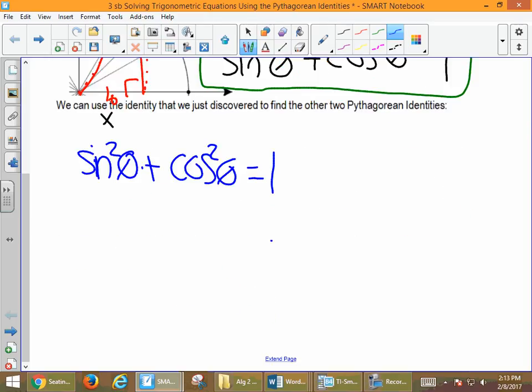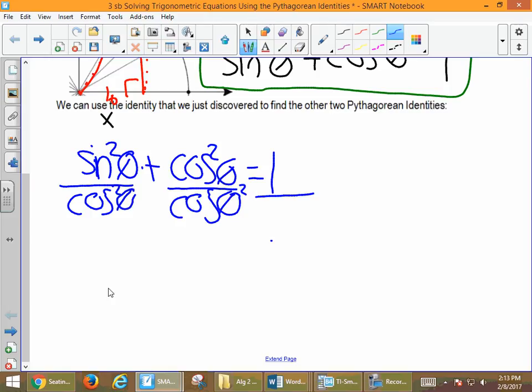And we can rewrite this if we just take everything and divide it by cosine squared theta. And that even includes the 1, because if we divide one side by cosine squared, we have to divide the other side by cosine squared.